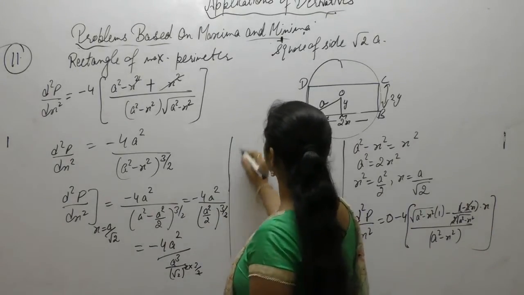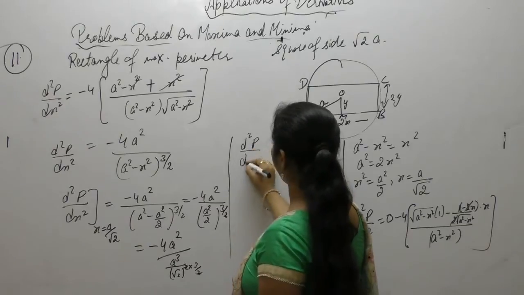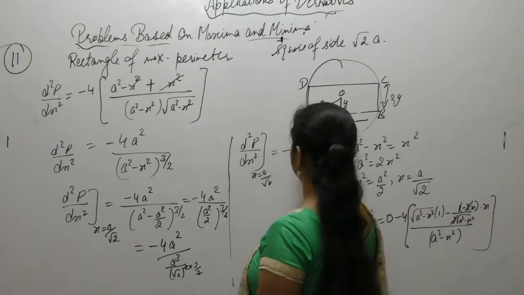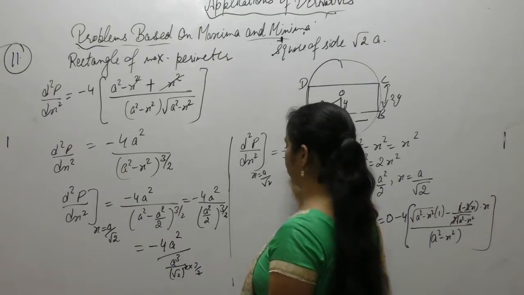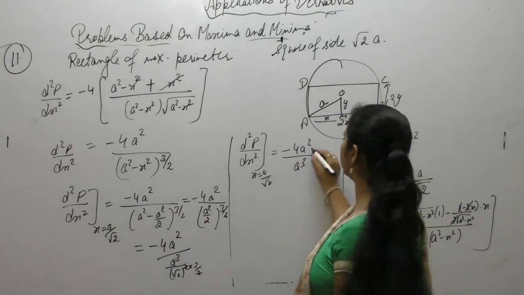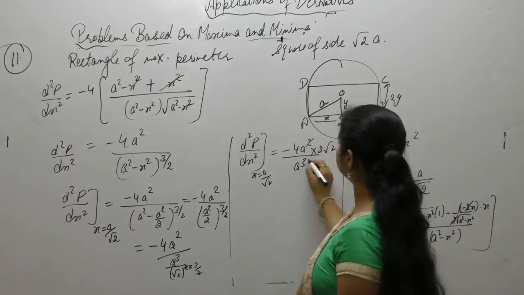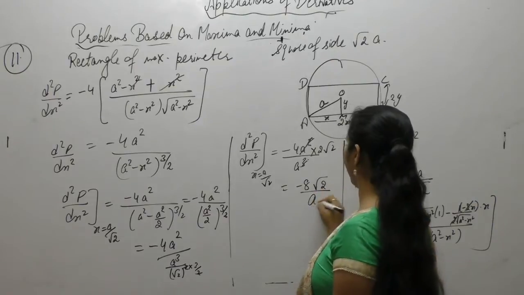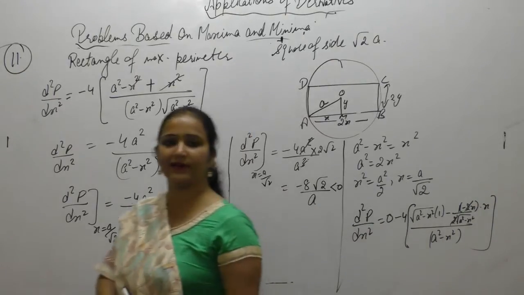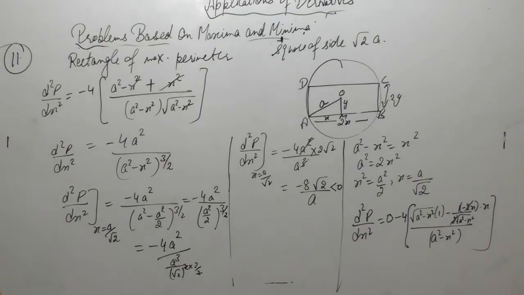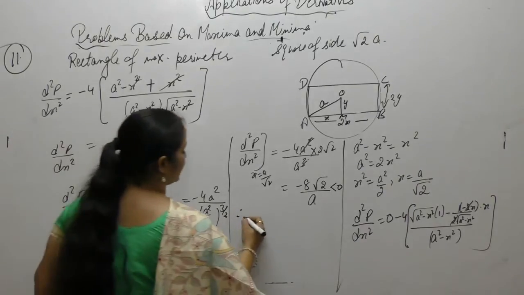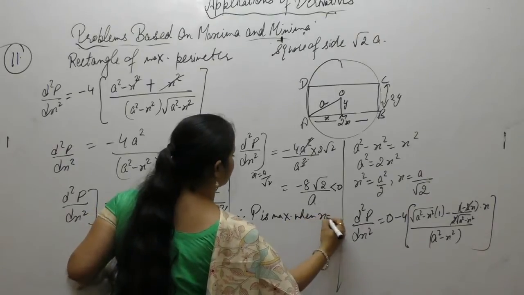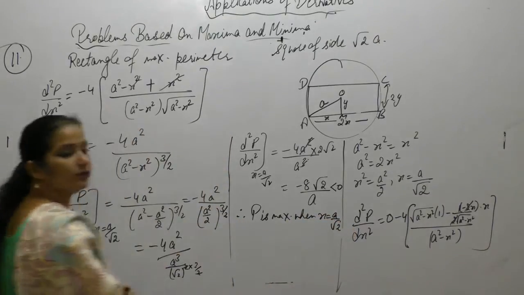So we get d square P upon dx square at x equal to a upon root 2 is minus 4a square upon a cube. Root 2 cube is 2 root 2. So minus 8 root 2 upon a. The second derivative is negative, that is less than 0. Therefore P is maximum when x is equal to a upon root 2.